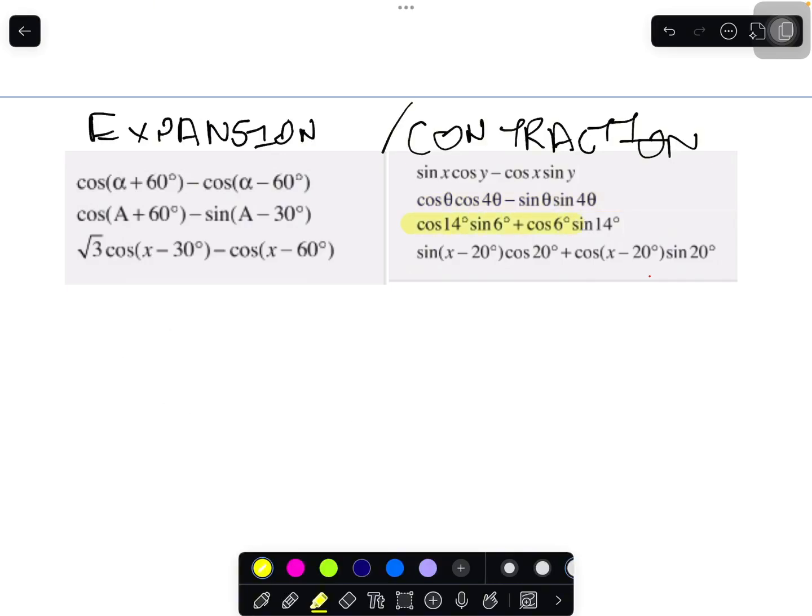To the third question, right here. So I have a cos and a sine, and then a cos and a sine again. So here, they're trying to trick you. And the reason they're trying to trick you is because normally it's in the form cos sine plus sine cos. Okay, but here they have it in a different way.